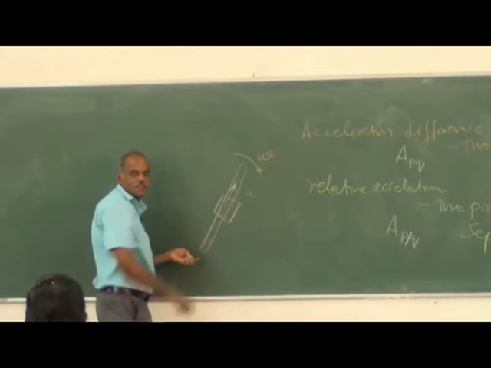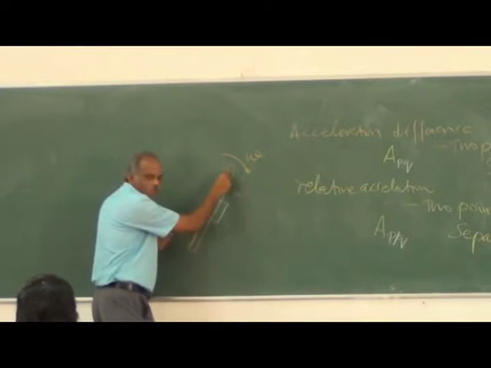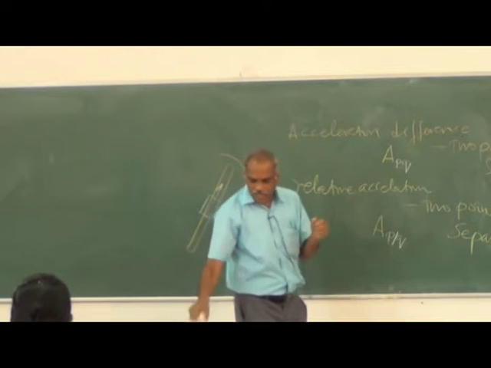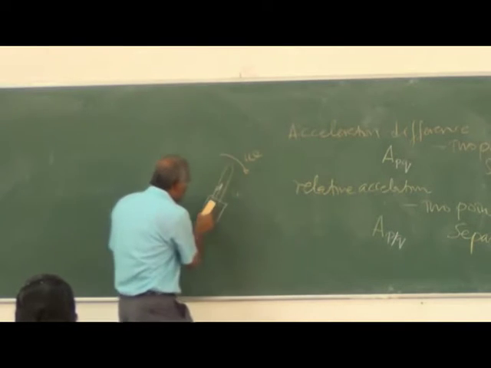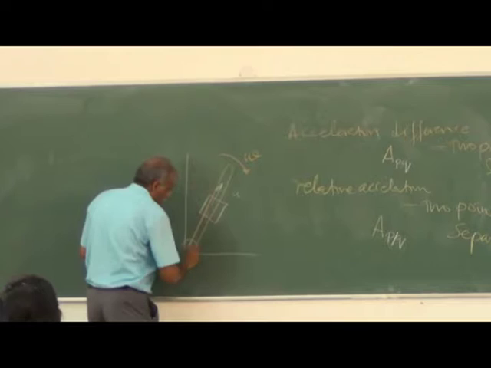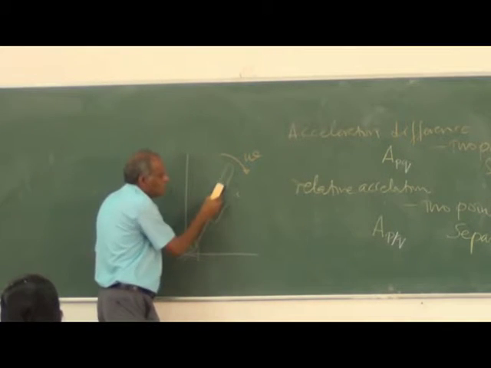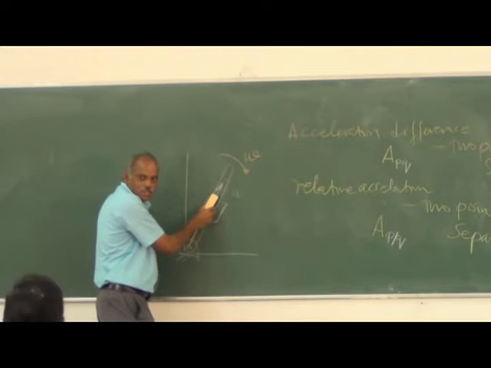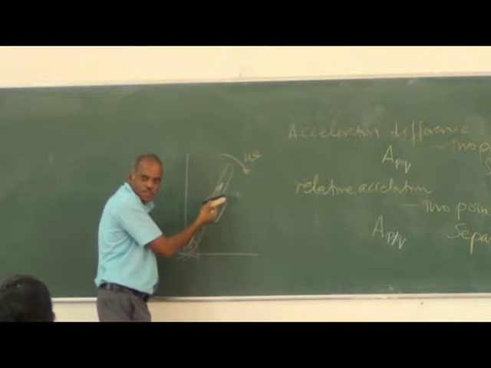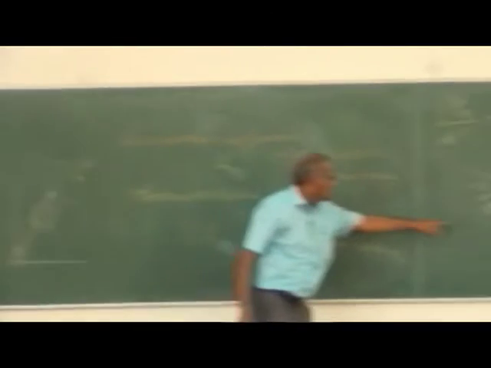So this acceleration is with respect to this rotating link. This slider can move relative to this link. That relative motion can be happening at a constant velocity or with an acceleration. So that acceleration is this.